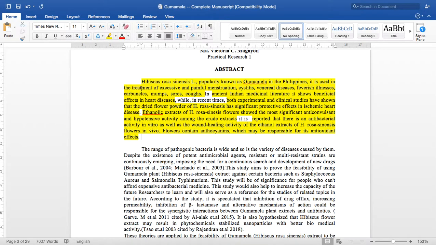Now, after you present your rationale, you can now position your research gap or statement of your problem.